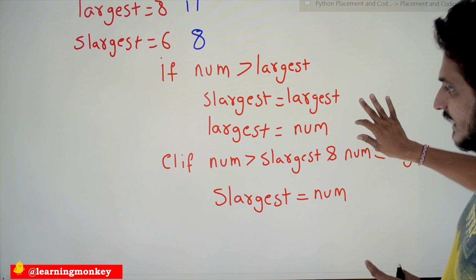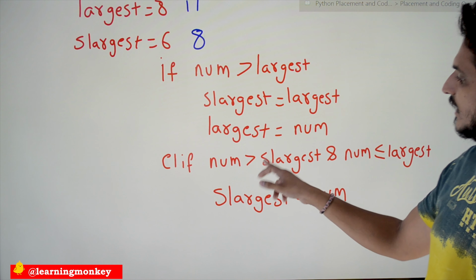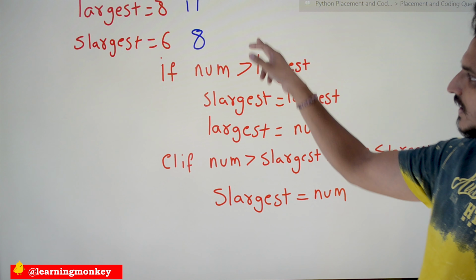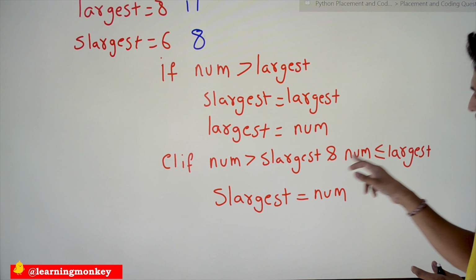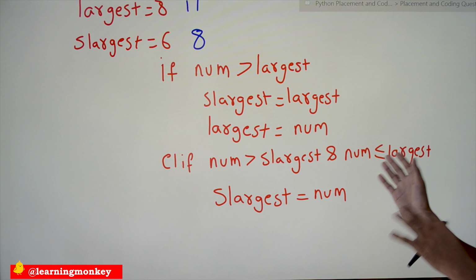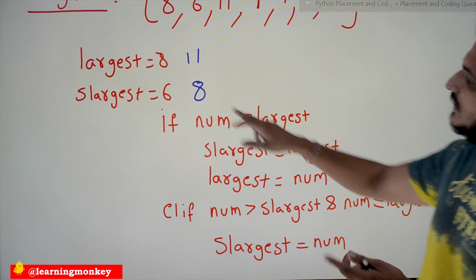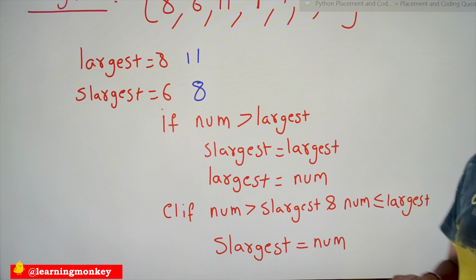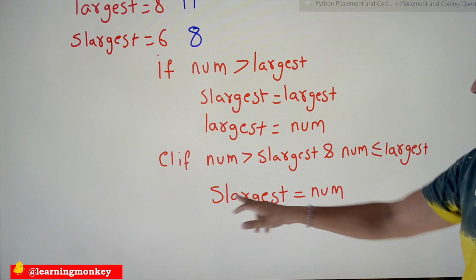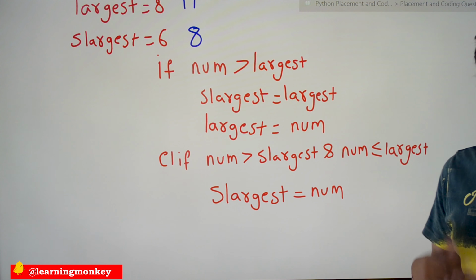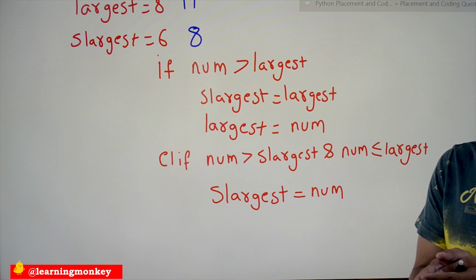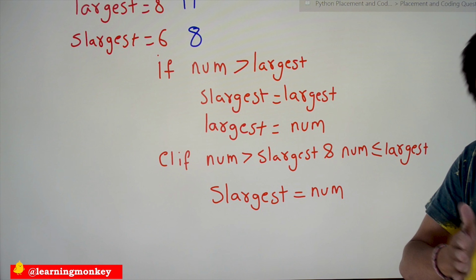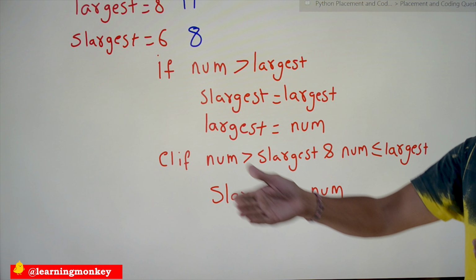The second condition is else if number is greater than second largest and number is less than or equal to largest, meaning the number is between the second largest and the largest. Then the logic is slargest is equal to num. We have to update only the second largest element because it is less than or equal to the largest value. No need to update the largest value.